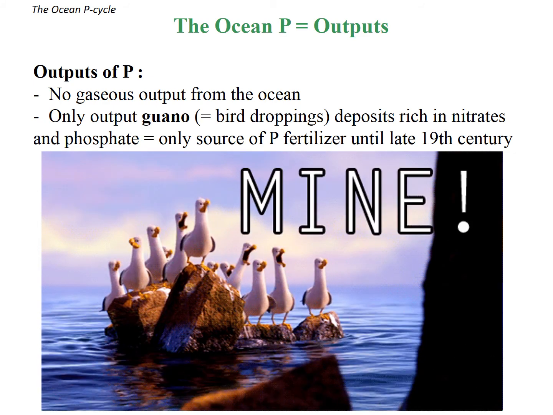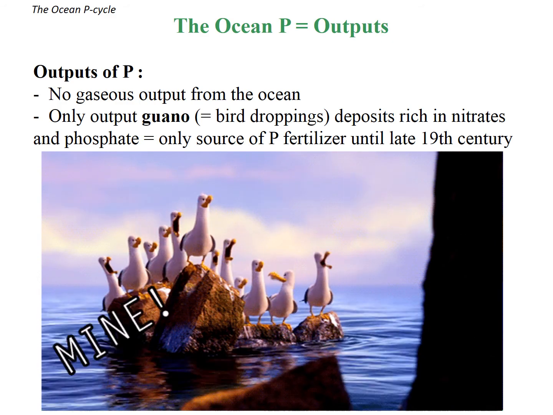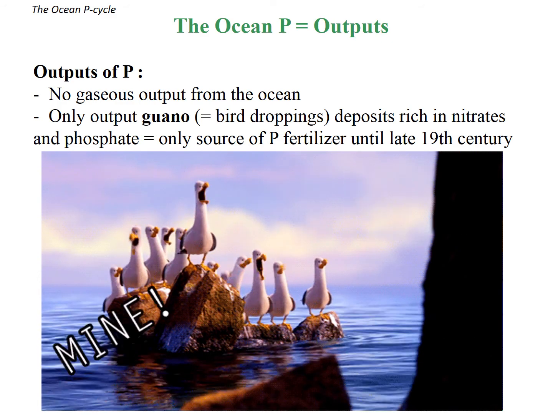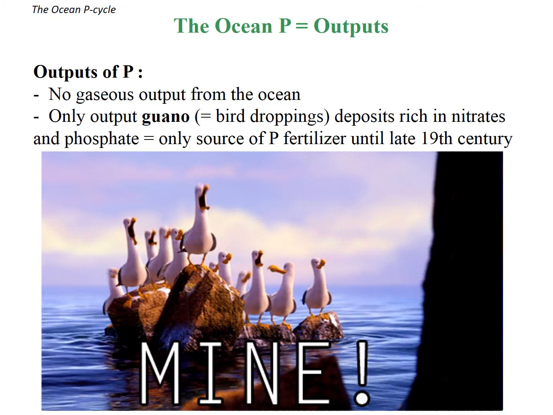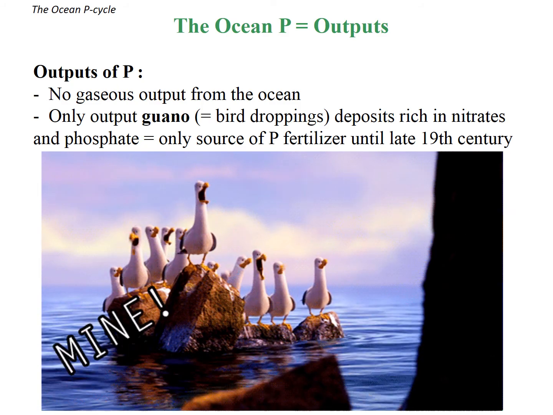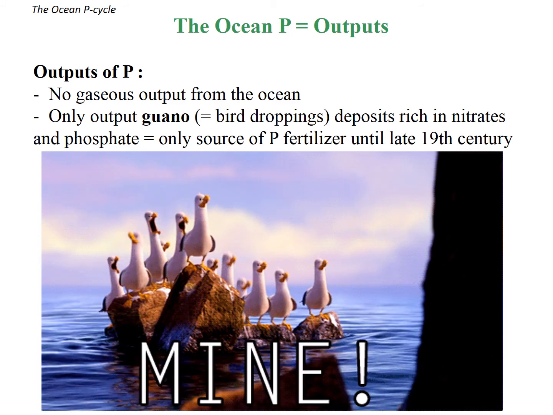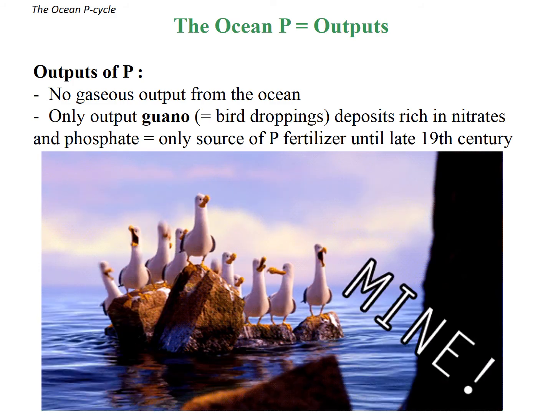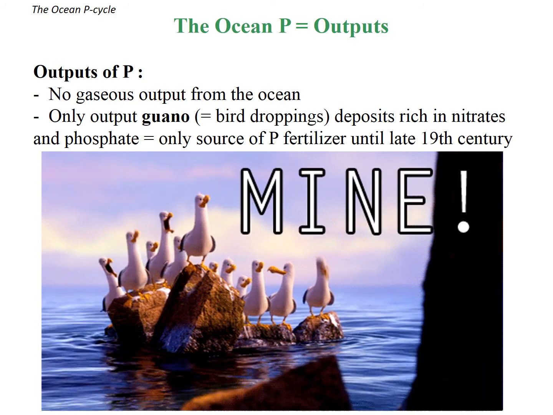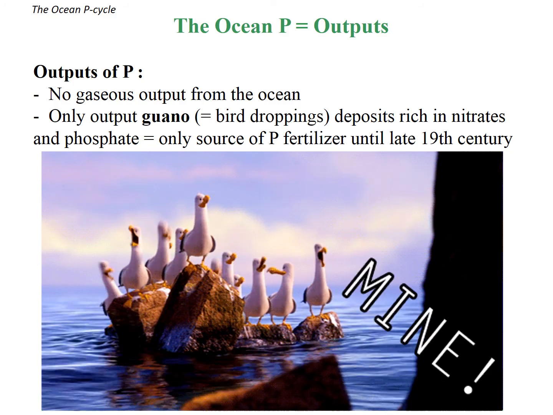And that is actually one of the sources that when we first started using not so much synthetic but fertilizers for agriculture, we had to go out to ocean islands, because it was actually one of the reasons for the British colonial expansion into the Pacific and Indian Oceans: to go to islands and dig up this bird crap and ship it back to the UK and just put it on fields.